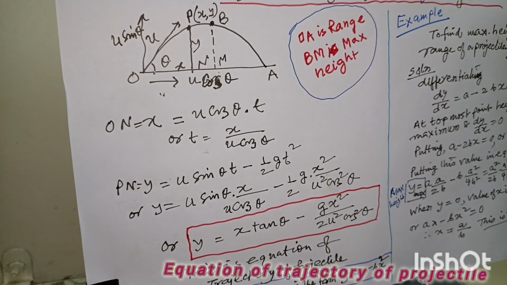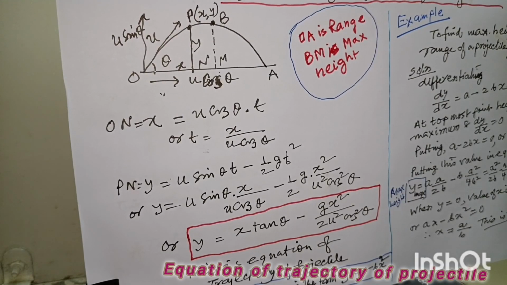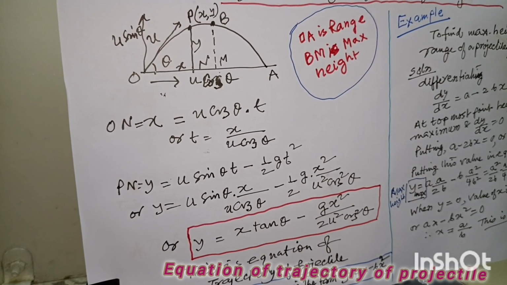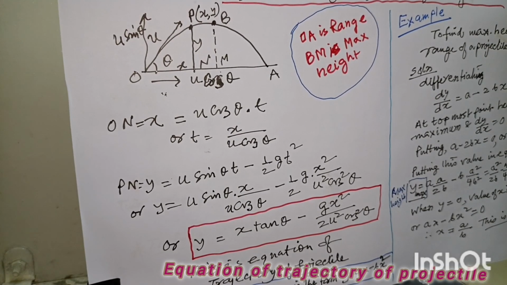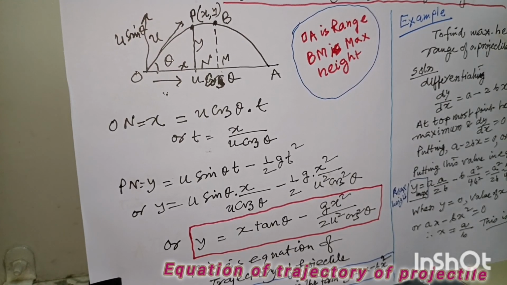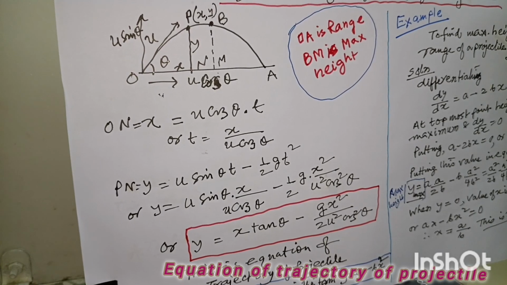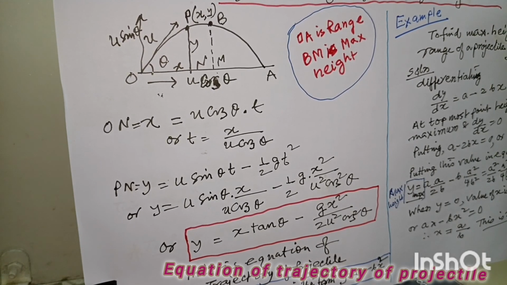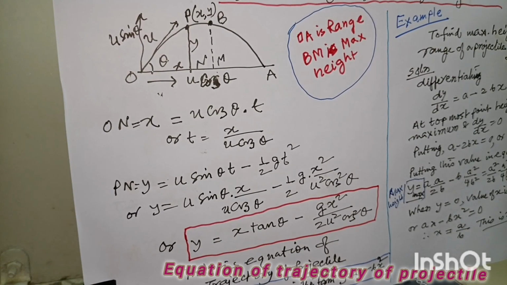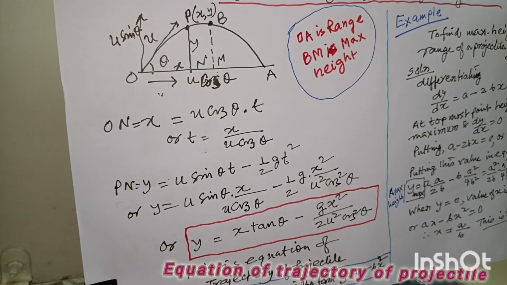Here we put the value of t from the earlier equation. So y equals u sin theta into x by u cos theta minus half into g into x square by u square cos square theta. That gives y equal to x tan theta minus g x square by 2 u square cos square theta.